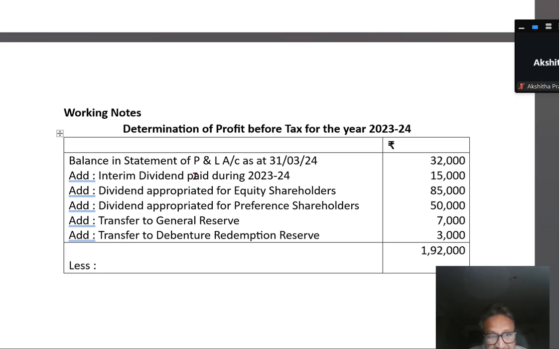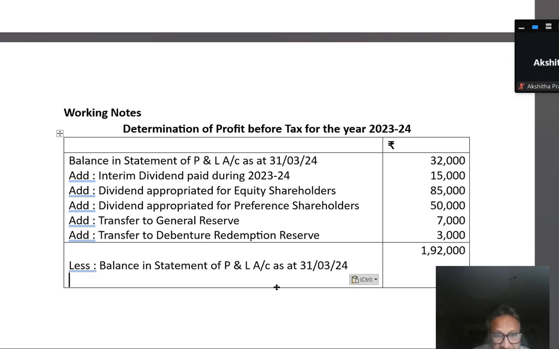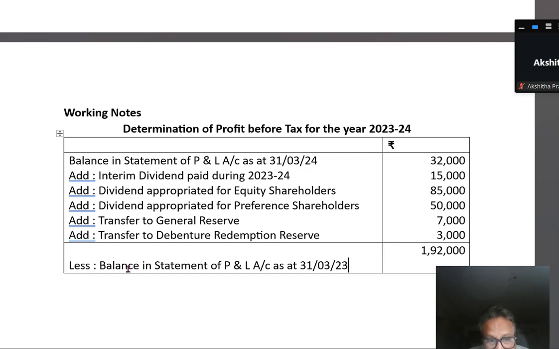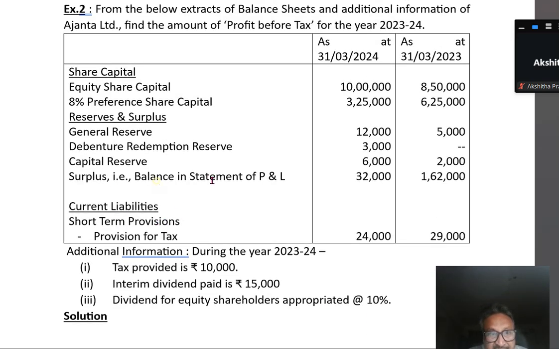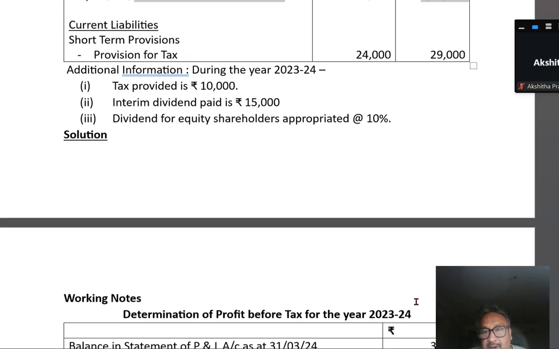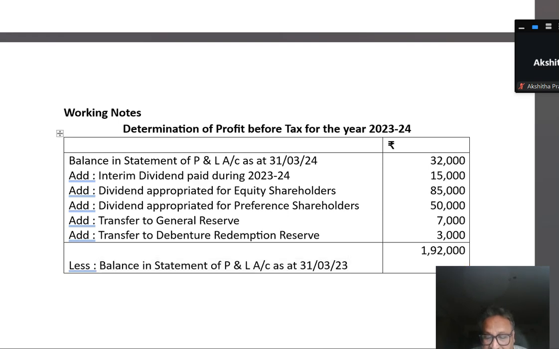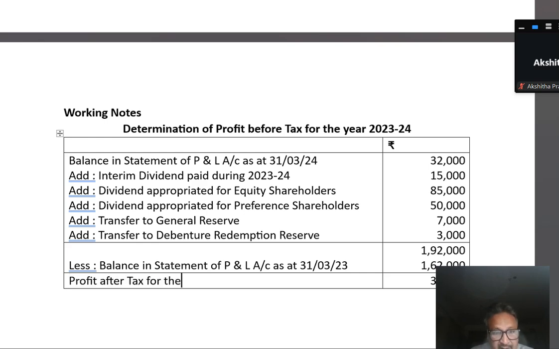From this we will subtract balance in statement of P&L as at the end of previous year. That is as at 31st March 2023. And this amount also we find from the given balance sheet. As it is given here, 1,62,000. So we'll subtract 1,62,000 here. And with this, whatsoever is the resultant amount, that is our profit after tax for the year 2023-24.